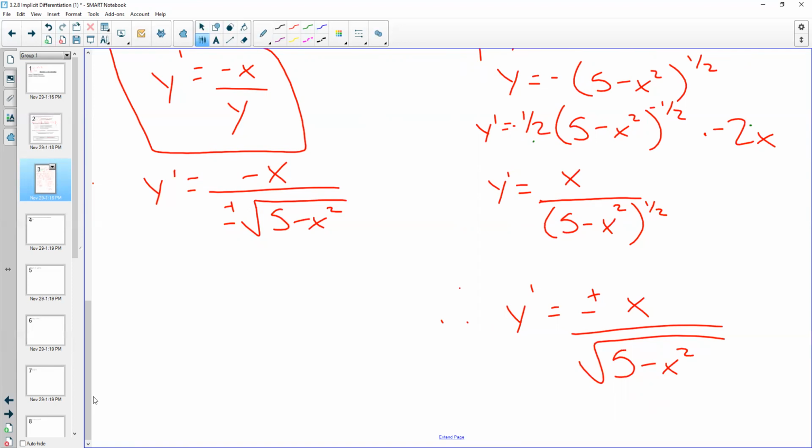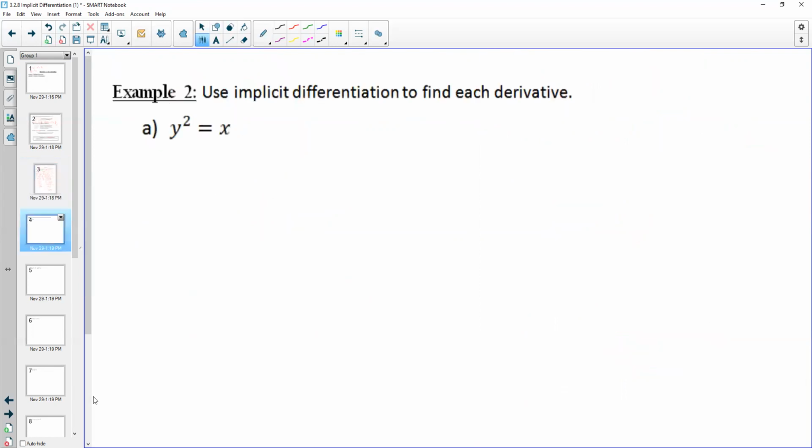No, like the final answer, you got that by combining the positive and negative. Oh, yes, exactly. Thank you. Yeah, because when we differentiate the negative square root case, we got the positive, and when we differentiate the positive case, we got the negative. So yeah, good question.